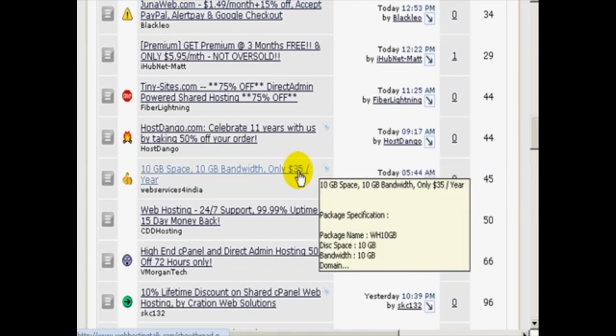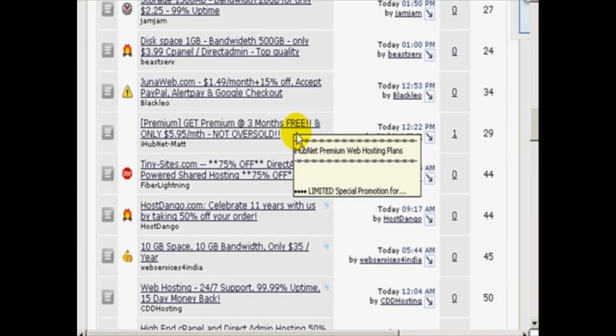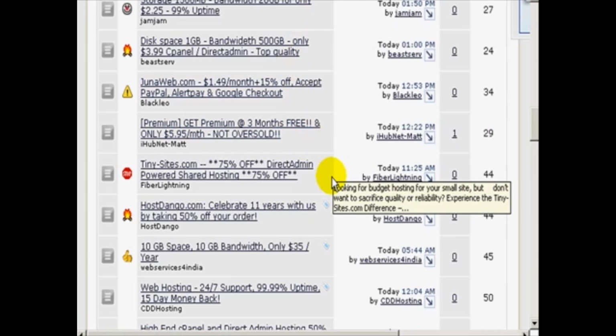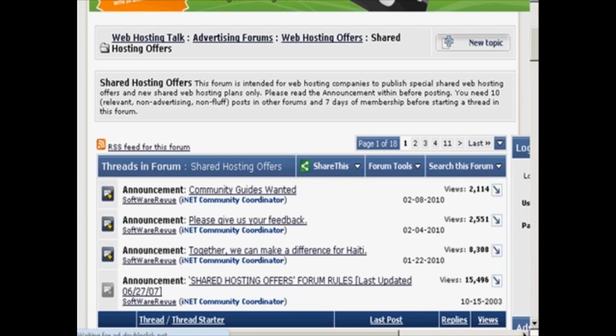And sometimes you can find $9 a year. I used to be in the web hosting industry, and when I got started, I remember selling web hosting for $9.99 a year. It wasn't a lot of money, but you've got to penetrate the market. You've got to compete with all these people. So that's the reason why I'm showing you this place right here.